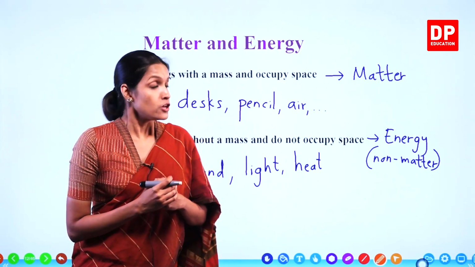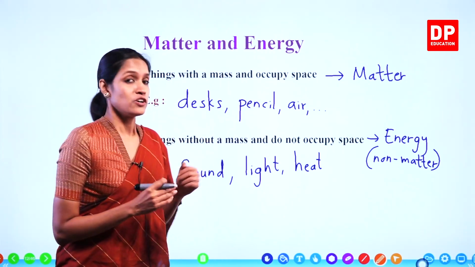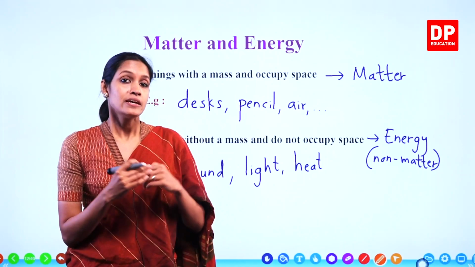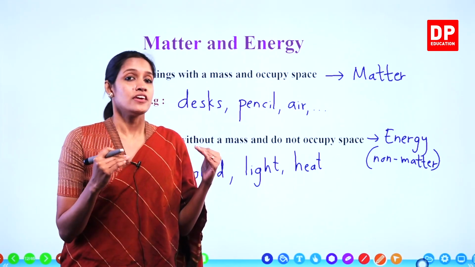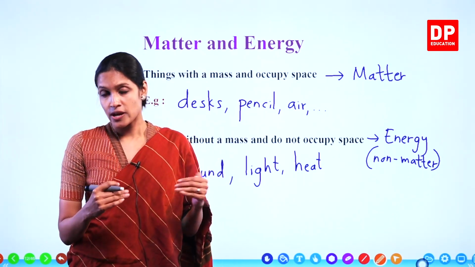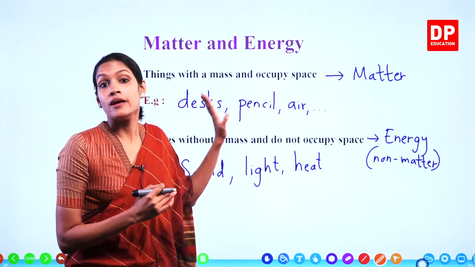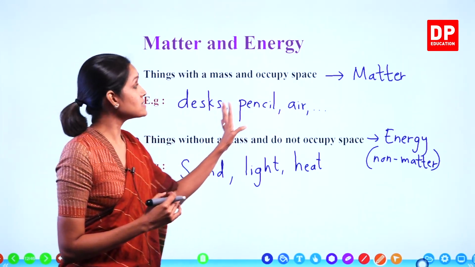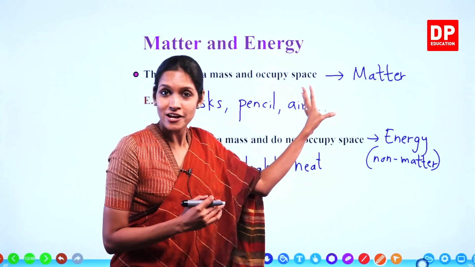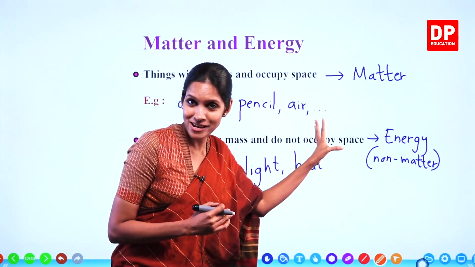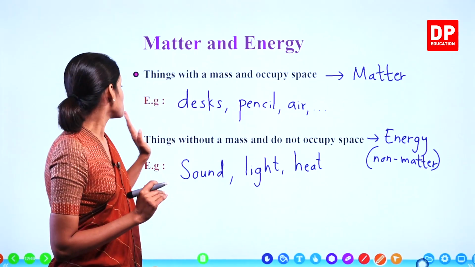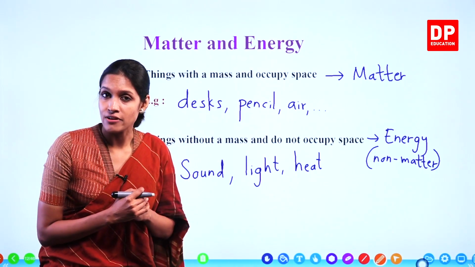Understand, children? So it's very clear when you look at the environment, there are some things, they have a mass and at the same time they occupy space. Examples like these. And those type of things are known as matter. Now this is the scientific term. Now you all know what matter is, right? So there are some other things in the environment.